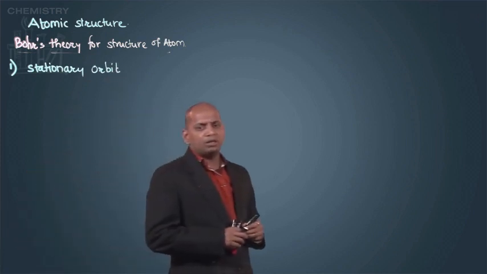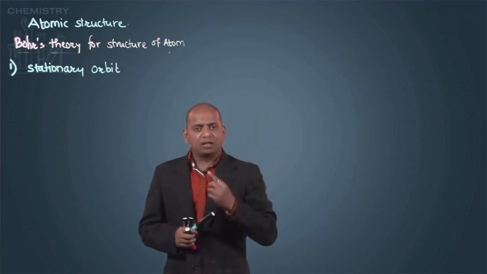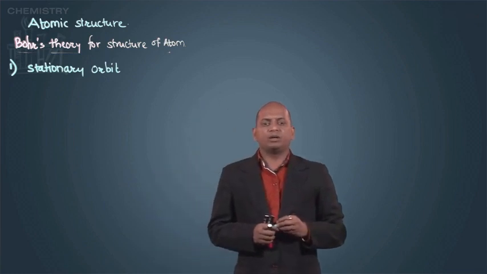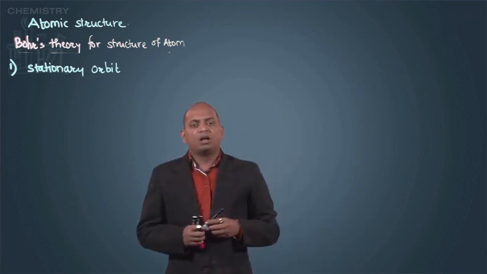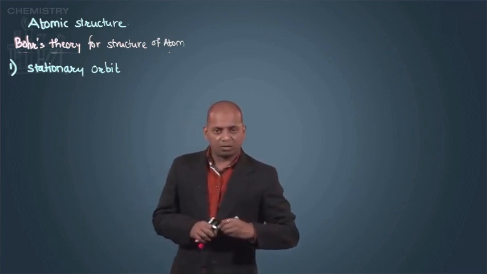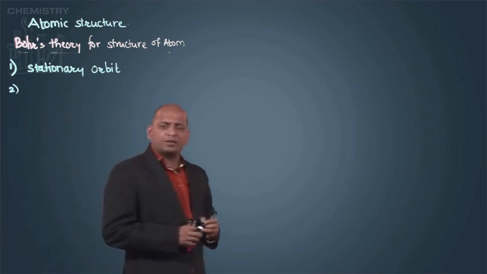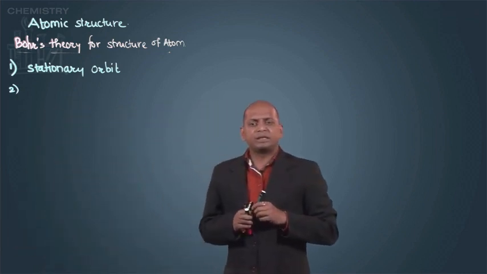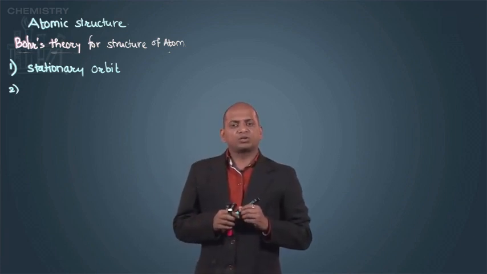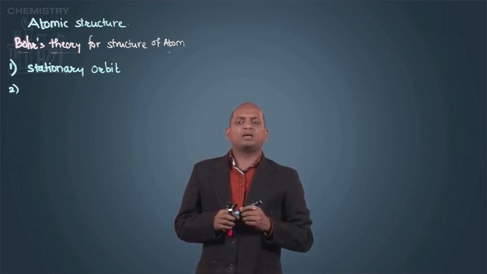Electrons are revolving around the nucleus in a certain fixed circular shell path, and as long as the electrons are revolving in that shell, they never lose their energy. Therefore, it is called a stationary orbit. Second point, a certain fixed amount of energy is associated with each stationary shell, and therefore it is also called a principal energy level or main energy level.